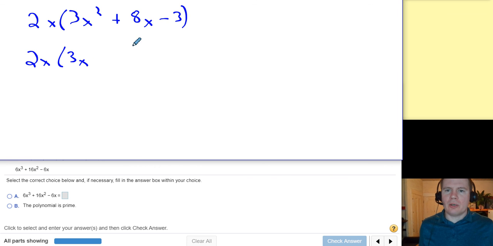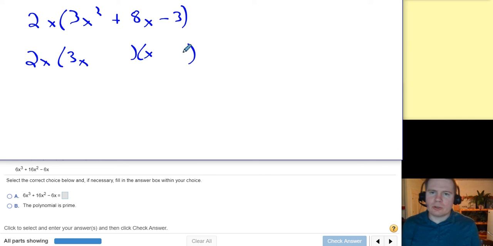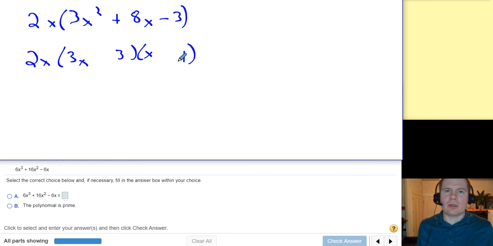We already had a problem where we had 3 as my leading coefficient. 3 here is also prime. Okay, here's where we can be wise. 3 is 3 times 1. I might be tempted to write it like this, but I don't have to use reverse FOIL to check. I know this is wrong.